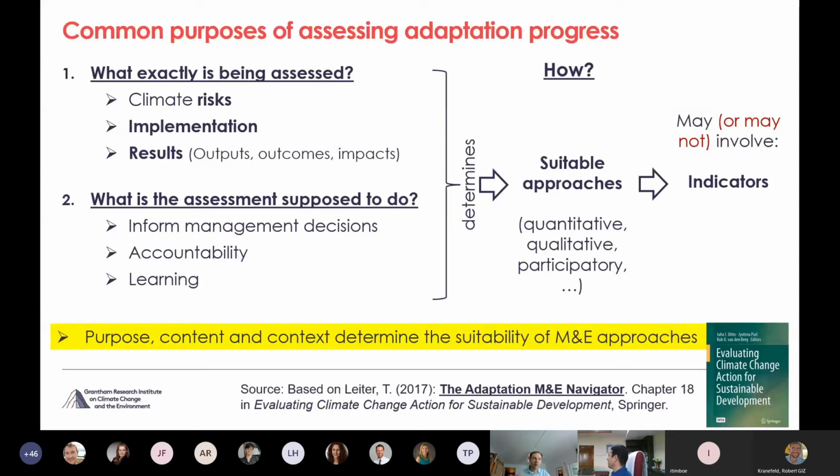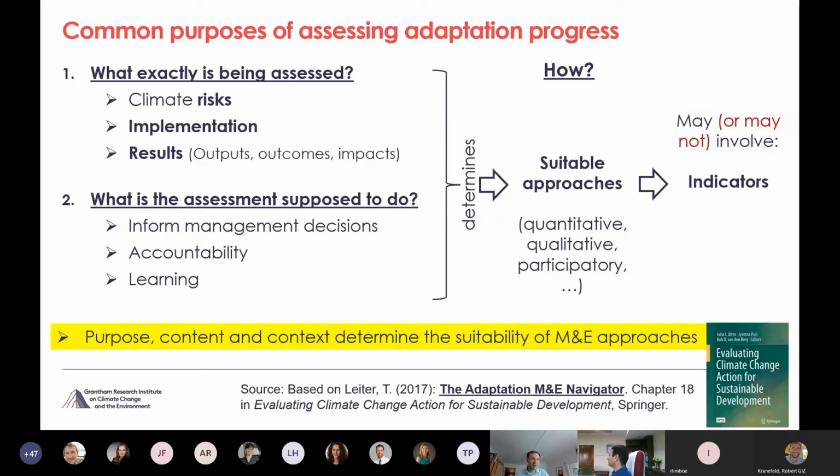I mean, what the effect of all these actions are, and whether this will be at the output, outcome, or impact level. This is the first important clarification. And the second is, what is the assessment for? What is monitoring and evaluation supposed to do? Because it can serve different purposes. The most commonly mentioned ones are to inform ongoing management decisions, or to provide accountability, or to facilitate learning.